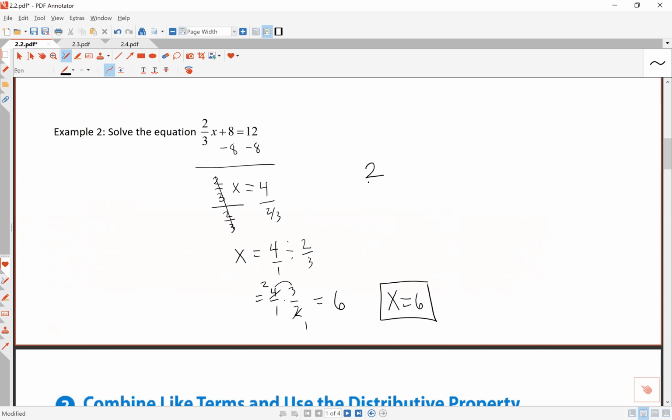So what you'll see me doing from now on is, rather than divide by 2/3, I'll multiply by the reciprocal, because that cancels the coefficient of x, and then we're left with 2 goes into 4 twice. It gives us 6. So we like to say multiply by the reciprocal.